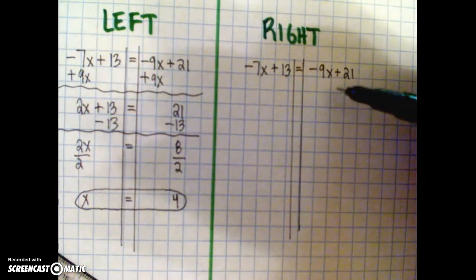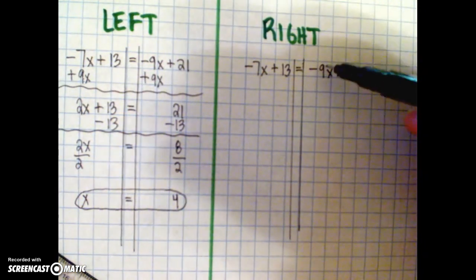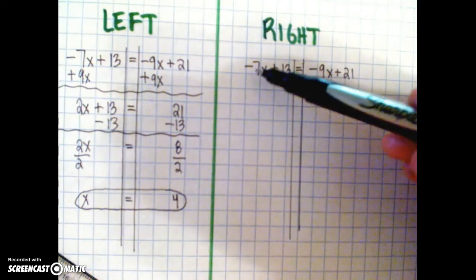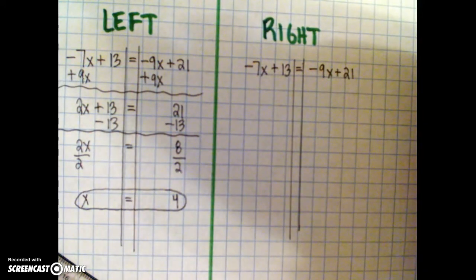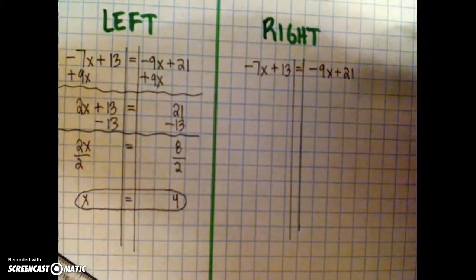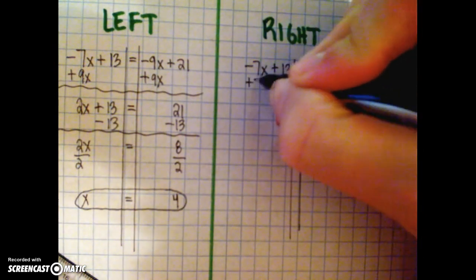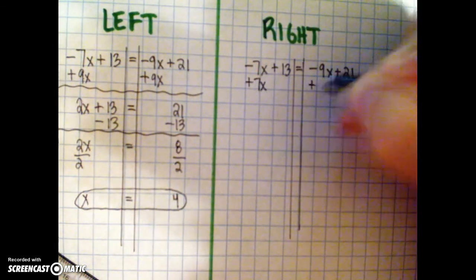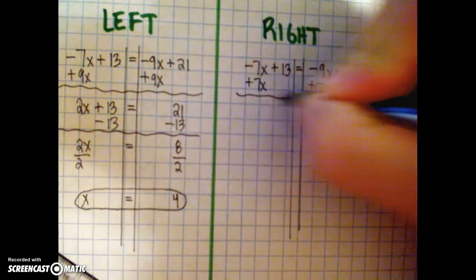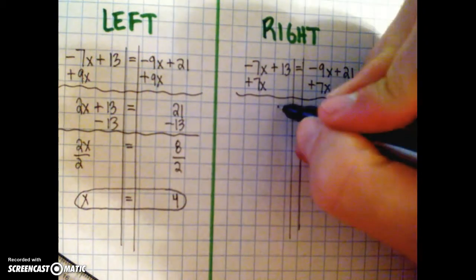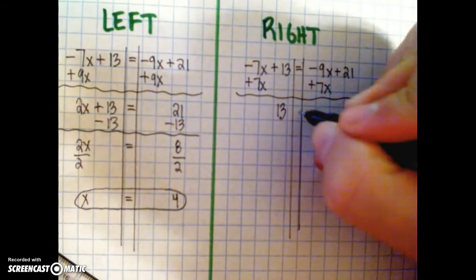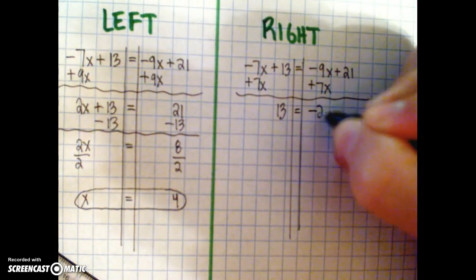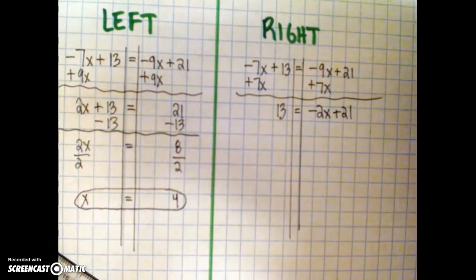So, on the right-hand side, I'll go ahead and get our equation set up. And we'd like all of our variables to be over here on the right. So you'll notice that we have negative 7x on the left-hand side. So you have to ask yourself, how do you get rid of or eliminate a negative 7x? Well, the inverse operation is add, so you'd add 7x to this side, add 7x to this side. You'd be left over here with 13, because negative 7x plus 7x is 0, equals negative 2x plus 21.